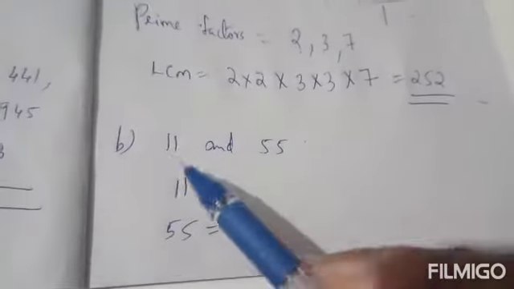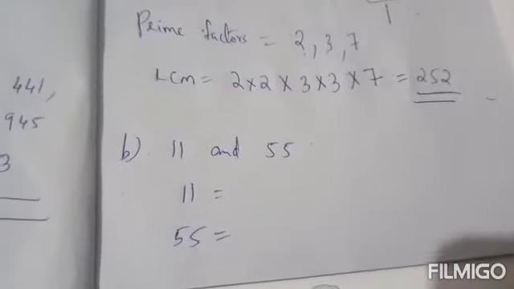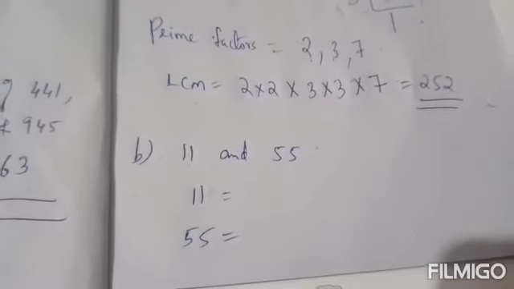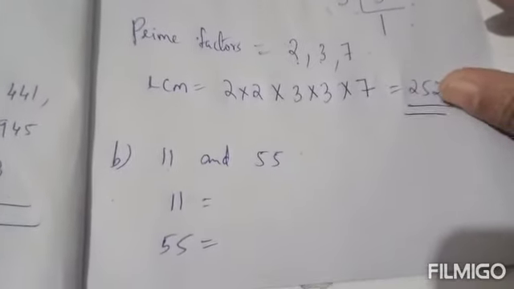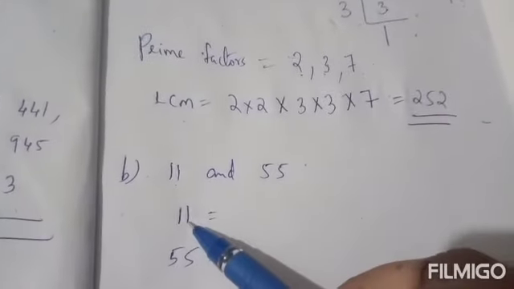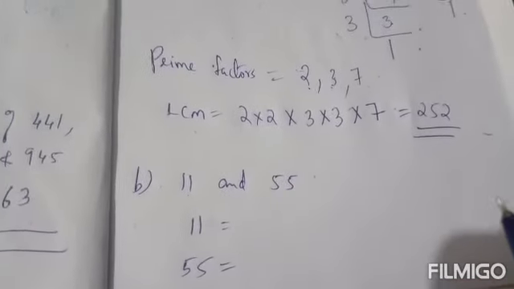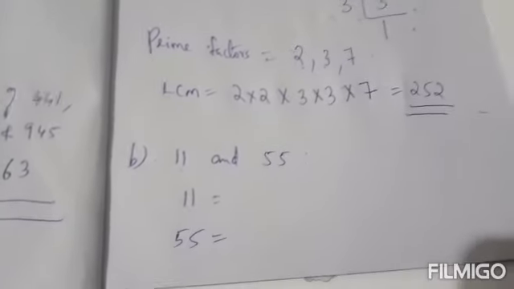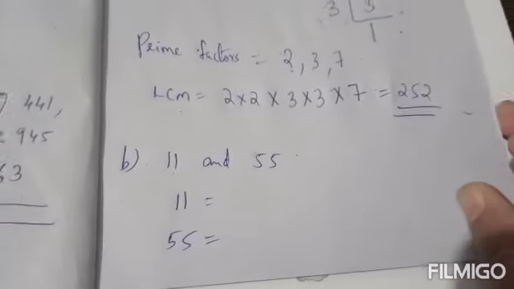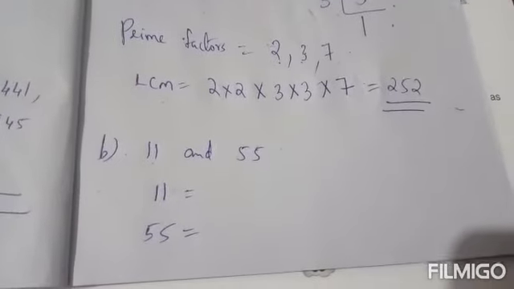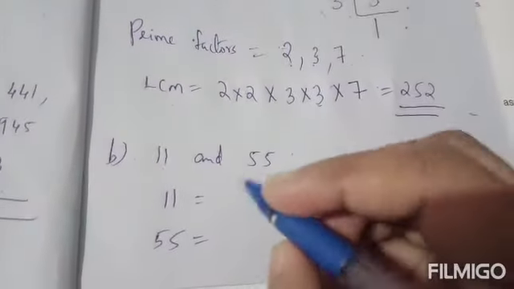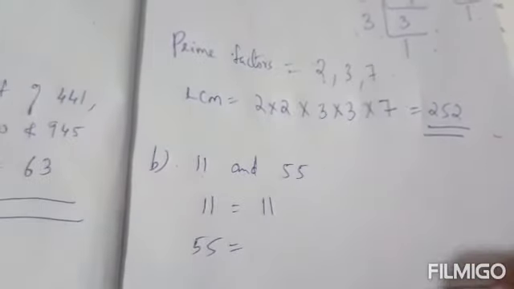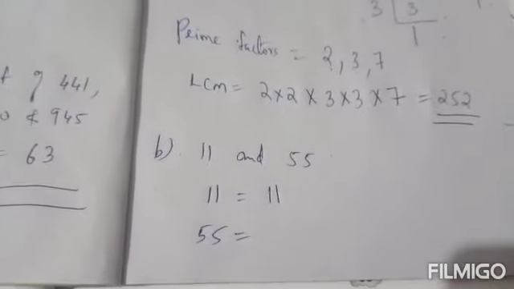Next, B, 11 and 55. You can find the LCM using the prime factor method. First number, 11. You know that 11 is a prime number, so you can't do prime factorization of 11. You will get 11 only. So 11 equals 11, that only you can write.